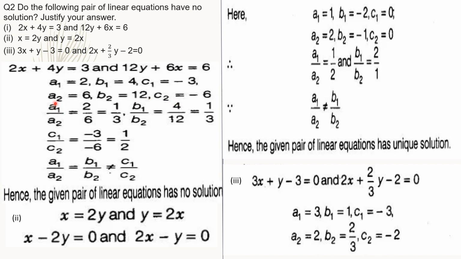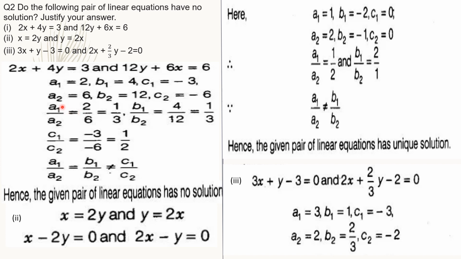Here a2 is the coefficient of x in equation number second, b2 is the coefficient of y, and c2 is the constant term. Now let us find the ratios of coefficients of both equations.